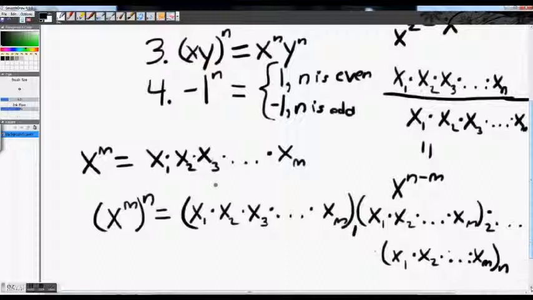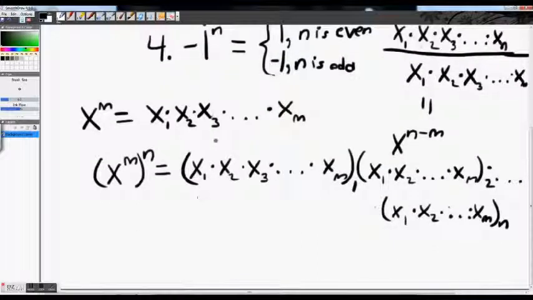Which means what we have done is effectively, well, let's look at it this way. If we multiply this by itself twice, basically doing the operation x to the m squared, we would have this many x's.